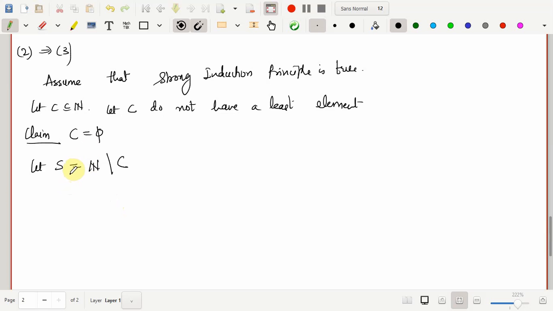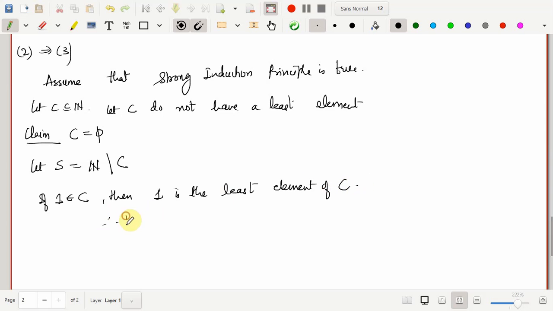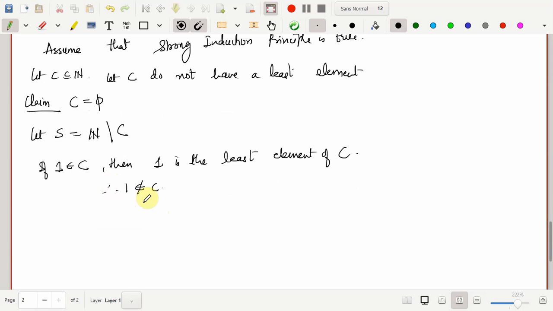So therefore 1 is not an element of C. Since S is N difference C, S is the set of all natural numbers which are not in C. So what I'll show is that if I can show that S is equal to N, the set of all natural numbers, then that will automatically imply that C has to be the empty set.